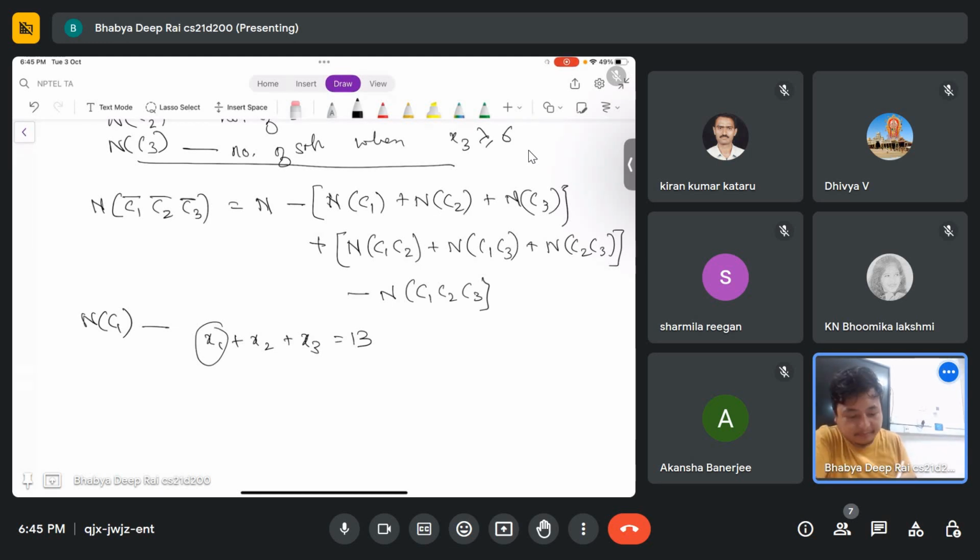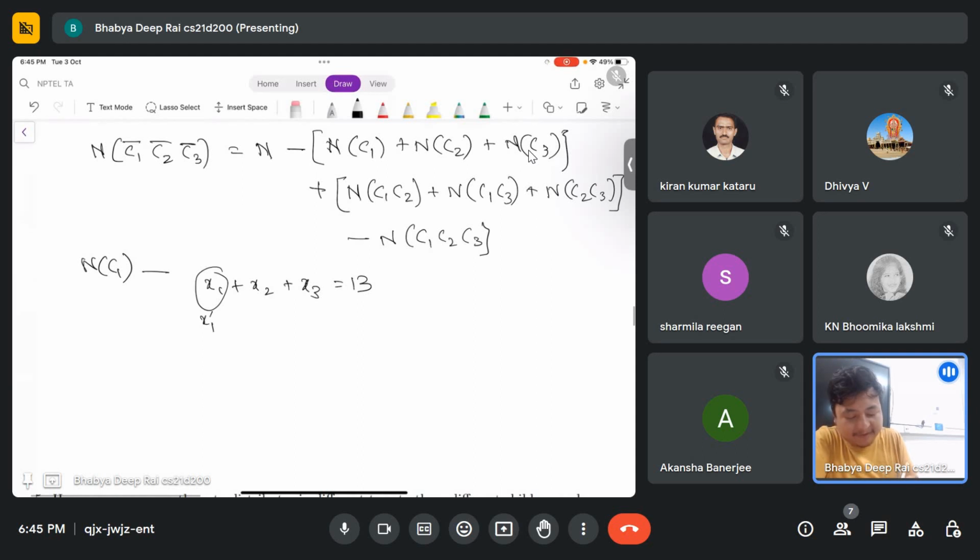If you do that, then x1 can be thought of, as you may have seen in the lecture, as x prime plus 6, where x prime is at least 0, because x1 was at least 6. It's the same as subtracting 6 on both sides, so it will be 13 minus 6.